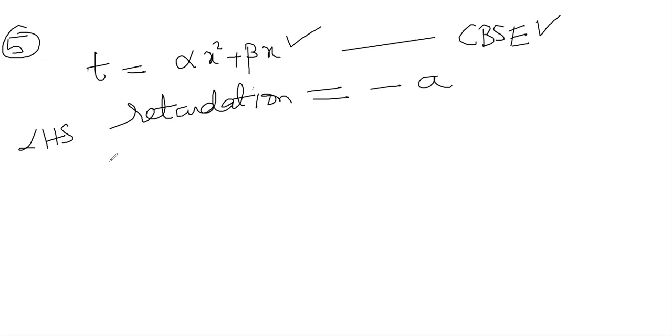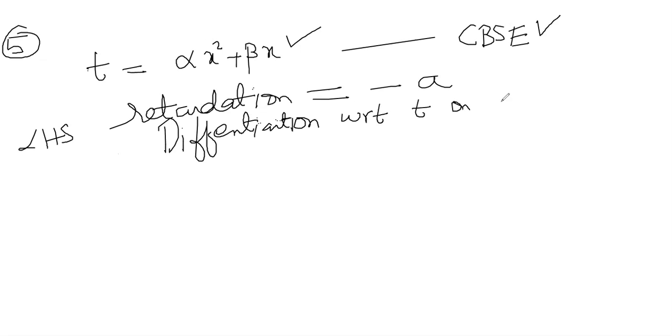Using the physics method, we simply differentiate this equation on the LHS and RHS, both sides, with respect to time. Remember, this is a very important method. Along with me, you also solve, because you will learn each step. Differentiation with respect to time on both sides.